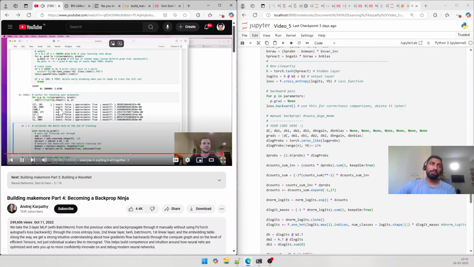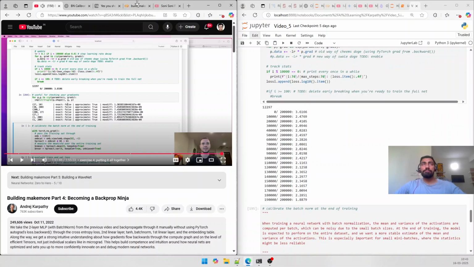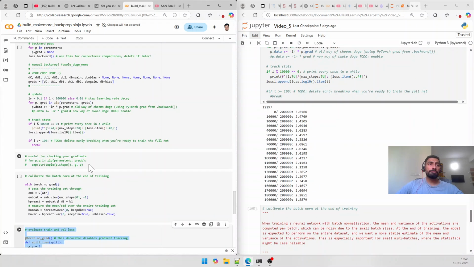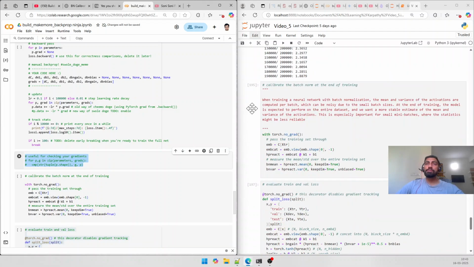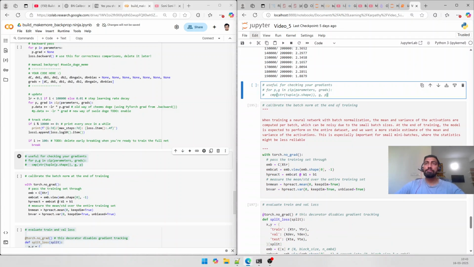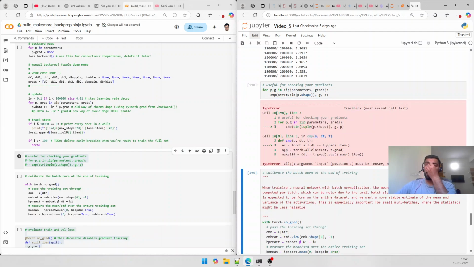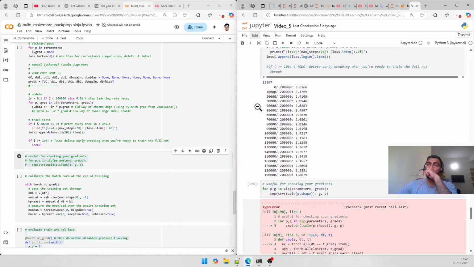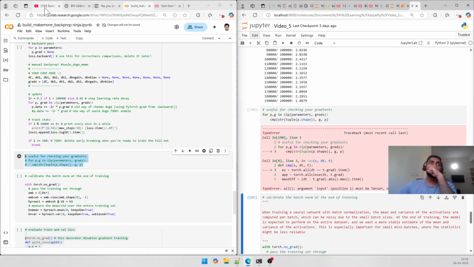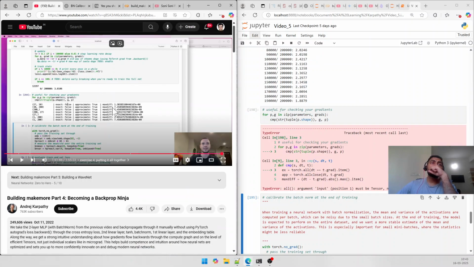So here, our gradients we see are not exactly equal.